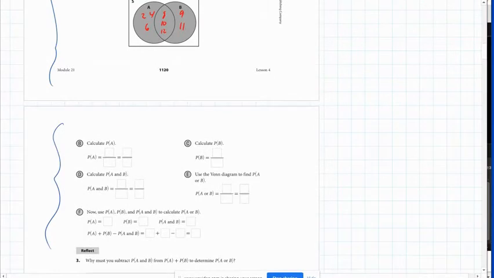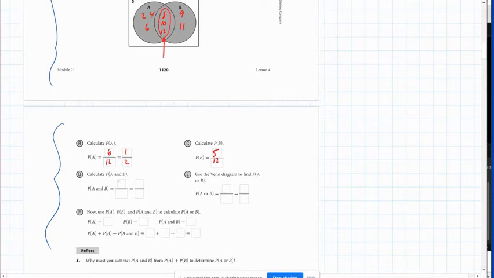So using that on the next page, the probability of A is, again, 6/12 or 1/2. The probability of B this time is 5/12. There are 5 elements in B. The probability that event A and B happens is that's the overlap here.